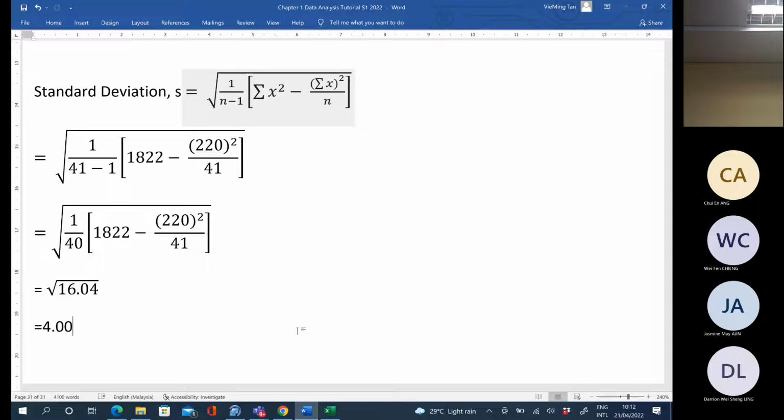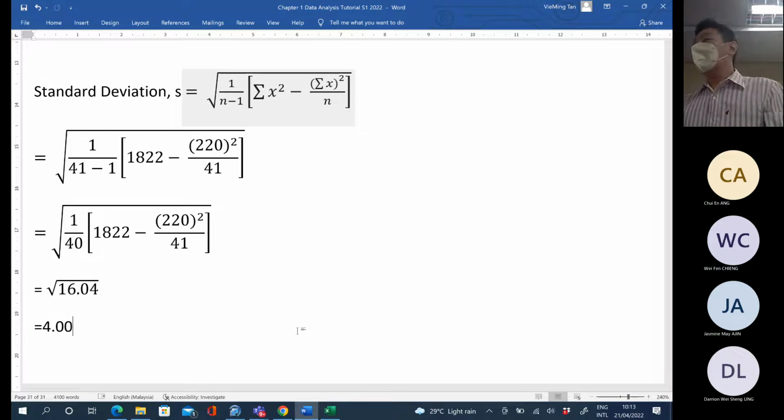Pardon? Oh, okay. This is question 1.6, for the frequency table. If you want to construct the frequency table, there are a few steps involved. That depends on the question.